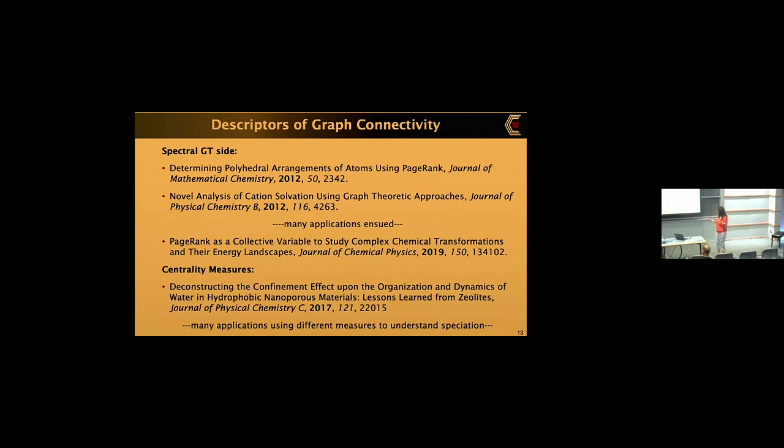For example, an older one, some of this work dates back nearly 10 years now, is using some spectral graph theory descriptors to bias and map out free energy landscapes across multiple length scales in some of these complex solutions.